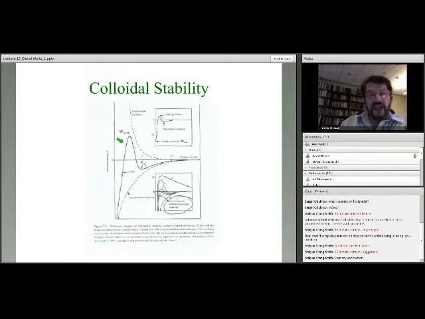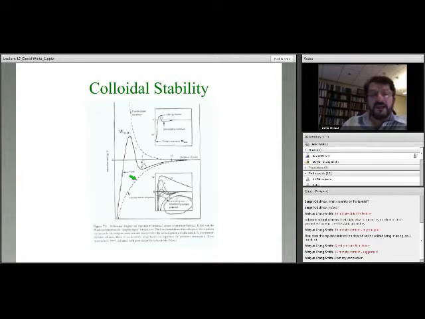You can actually also get into this secondary minimum shown here. This is the primary minimum. Sometimes you get into the secondary minimum where the particles become weakly attractive, but more typically you destabilize them completely so that the interactions are just dominated by the shorter range van der Waals interaction, and you're left only with an attractive interaction.